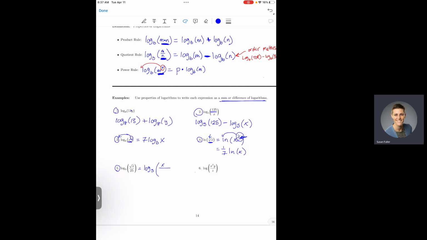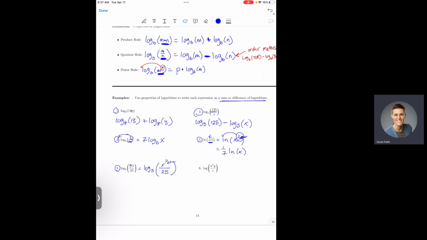I want you to think of roots as powers here. So the square root of x is x to the 1/2 power. Again, roots are fractional exponents. If there's no index here, it's understood to be a 2. That's why we have a 2 here on the bottom down here. So we've got division and we have an exponent.